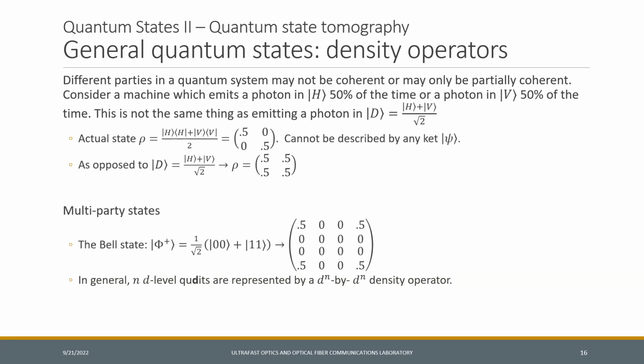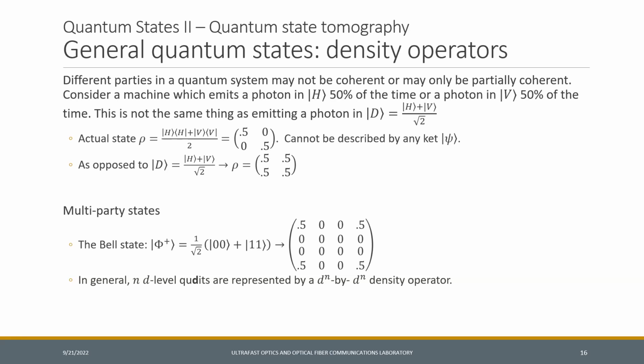We have to start using density matrix notation in order to indicate that there's no well-defined phase relationship between horizontal polarization and vertical polarization. Okay, our actual state is this: 50% chance of being in H, 50% chance of being in V. That's different from a state that emits an actual superposition of H and V, which would be represented by this density operator, if you want to think of it in those terms.